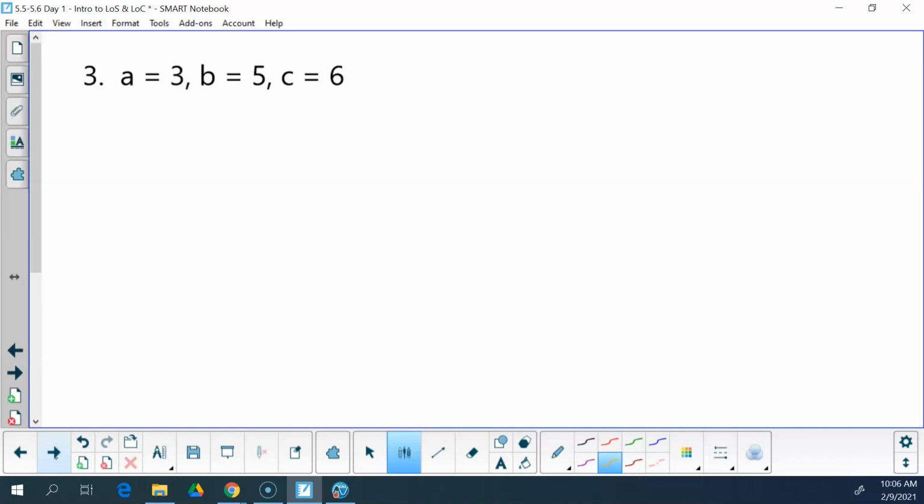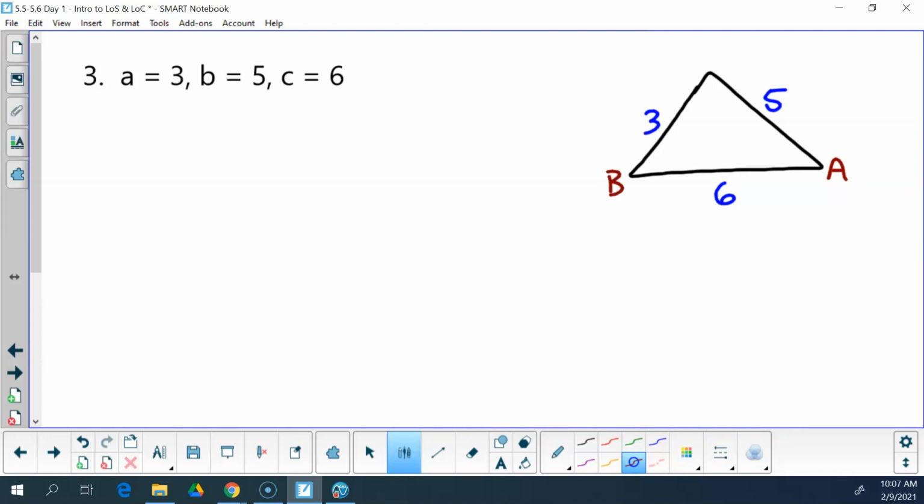So let's jump into example number 3, now at the bottom of that page. If I drew this triangle and I said the sides are 3, 5, and 6, then angle A would be here, angle B would be here, and angle C would be there.